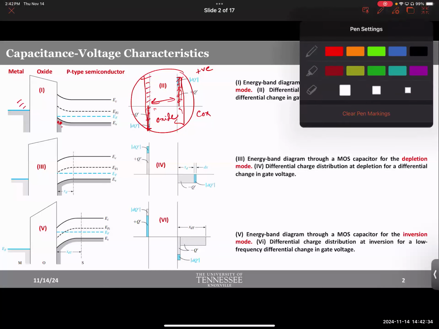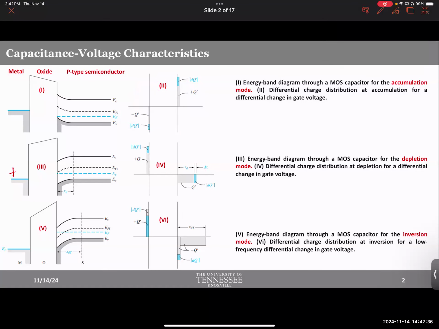What happens in the depletion mode? When you apply positive voltage to the gate, holes, which are positive charges, are repelled away from the surface, and electrons, which are minority charge, gradually pile up here and create some form of capacitive coupling. But importantly, you have a depletion layer of charge.